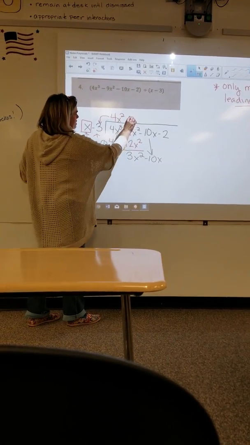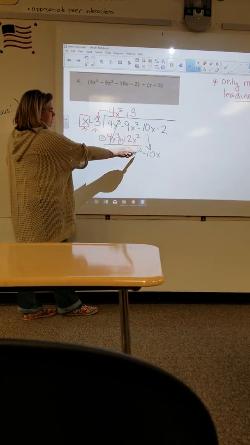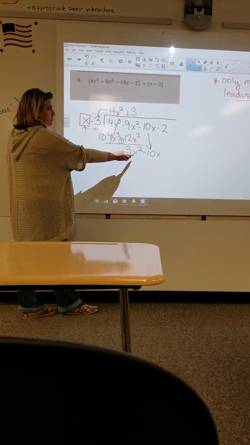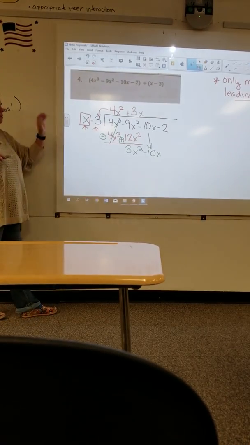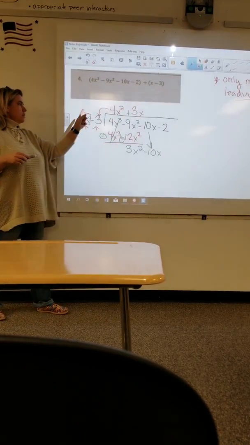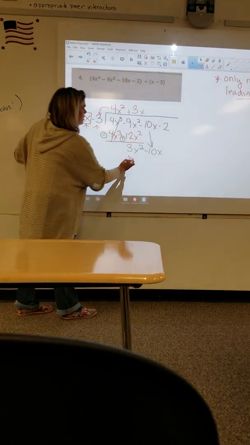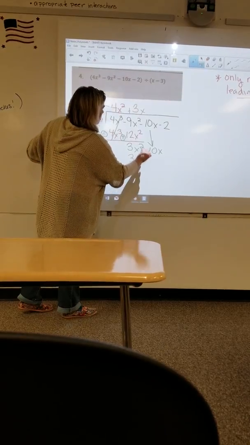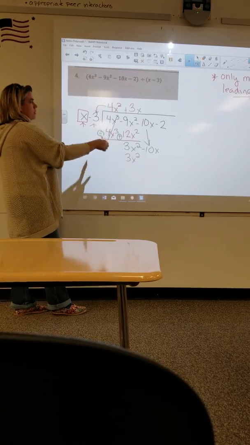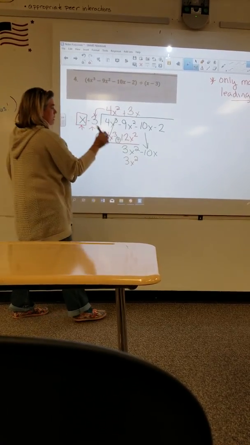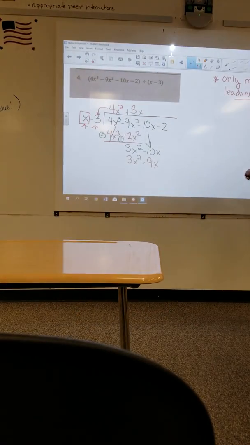Since this one's positive, make it plus 3. And then how do I get an x squared from an x? Just x, good. So now I'm going to multiply this 3x to the x to give me 3x squared. Then 3x times the negative 3 is negative 9x.